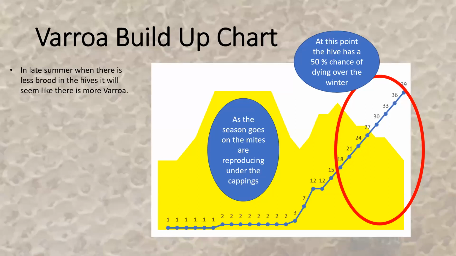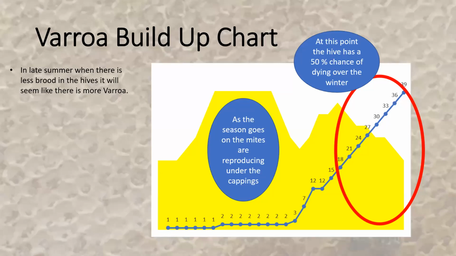I'm making sure that 2 very quickly can turn into a 3, 7, 12 come late summer, when they start to not have so much brood in the hive and the population starts to decrease a little bit.